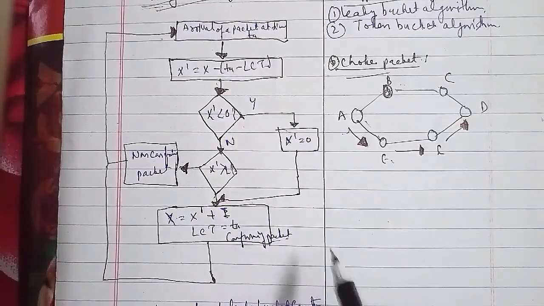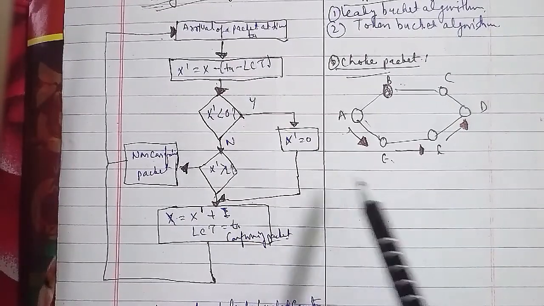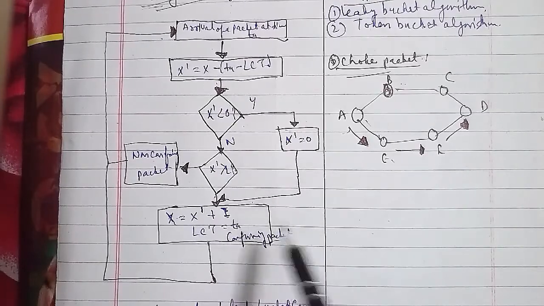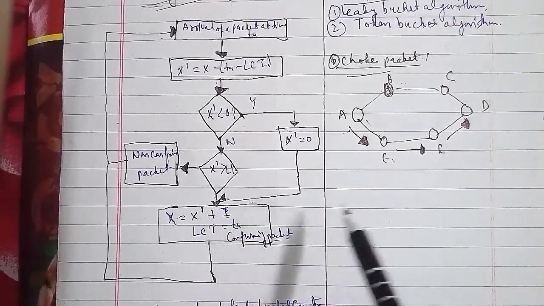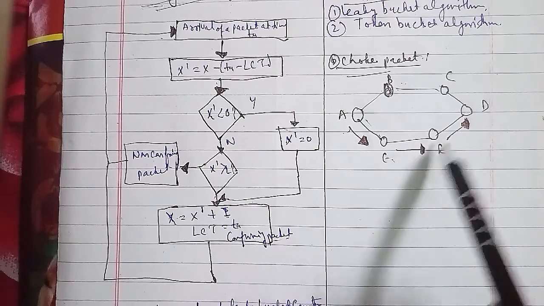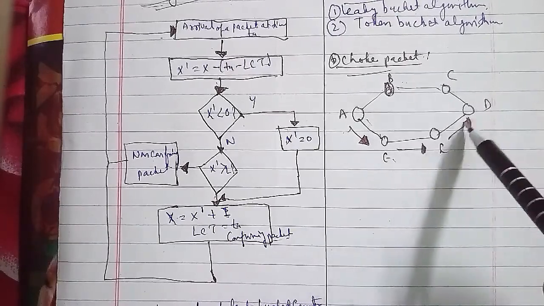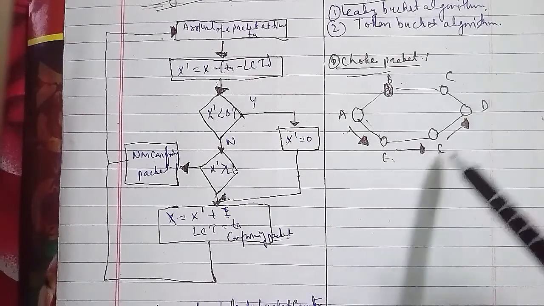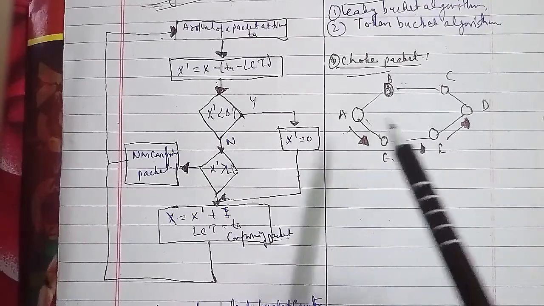Now we will go ahead with another point to discuss. When the choke packet reaches a node, that node is choked, and as it reaches the source node, it is choked there as well.